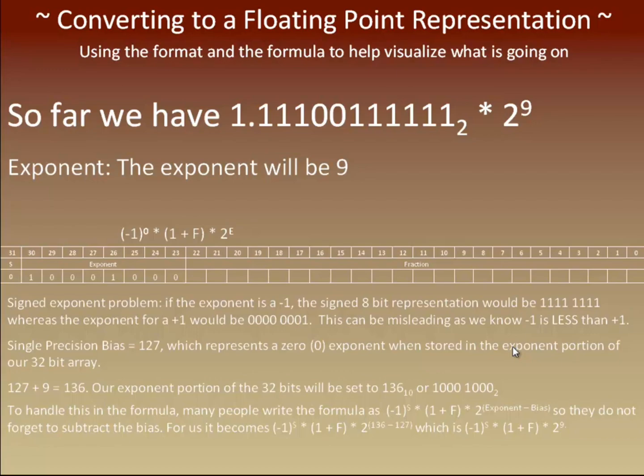You need to subtract the bias. By having the bias, it allows us to have a much larger range of numbers. If we follow this formula, we come up with negative 1 to the 0 power times the mantissa times 2 to the 136 minus 127, which in turn is negative 1 to the 0 power times the mantissa times 2 to the 9th power.